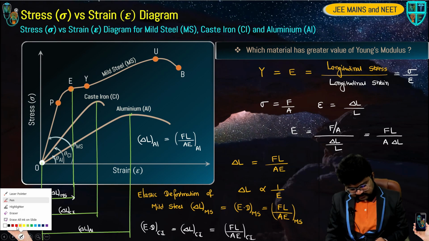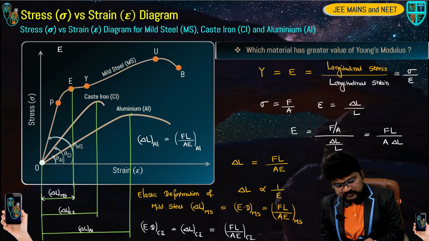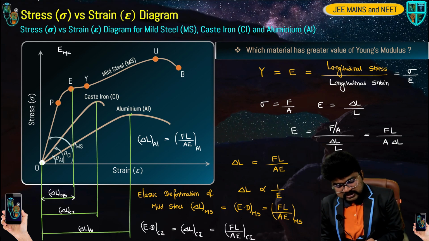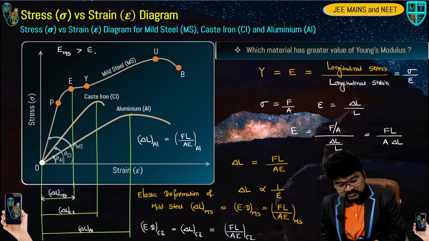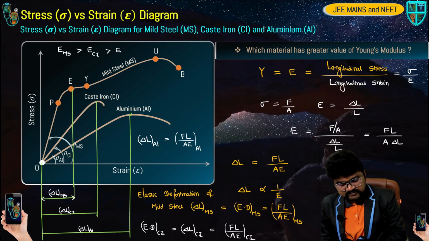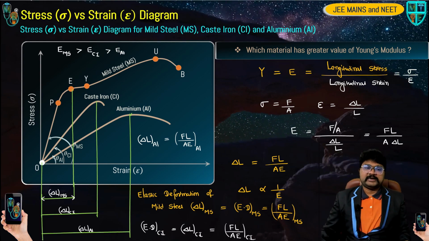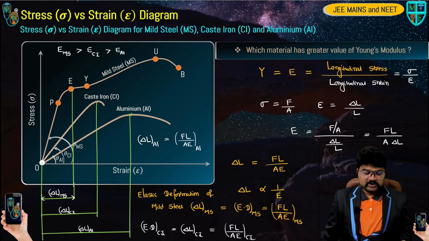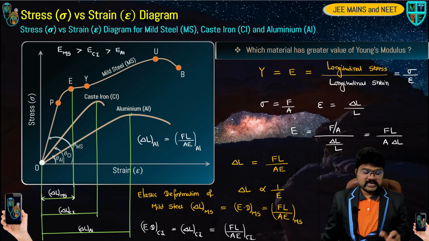Here I can confidently write that Young's modulus of mild steel will be higher, then Young's modulus of cast iron, then Young's modulus of aluminium. Once you know Young's modulus of the material, you can easily calculate elastic deformation, delta L equals F L by A E.